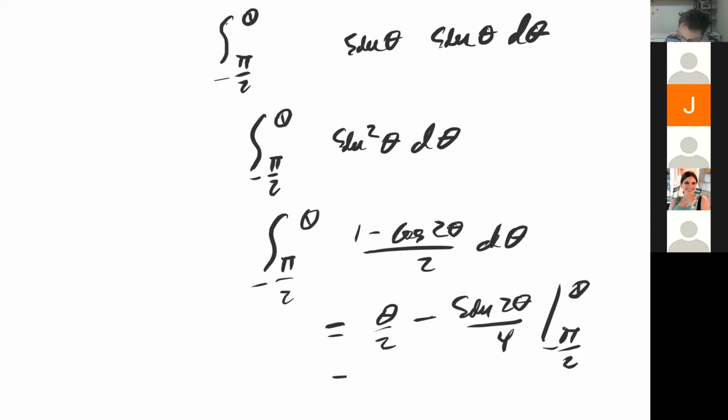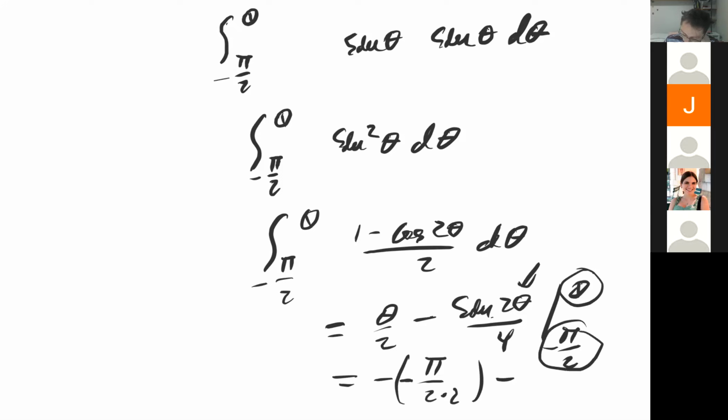So you plug in a 0 here, you get a 0 for the zeros, and then you're subtracting negative pi over 2, so 2 minuses. And when you plug pi over 2 into sine 2 theta, you end up with something of the form minus pi here. And so the second term is just going to be 0 again. So then you get pi over 4.